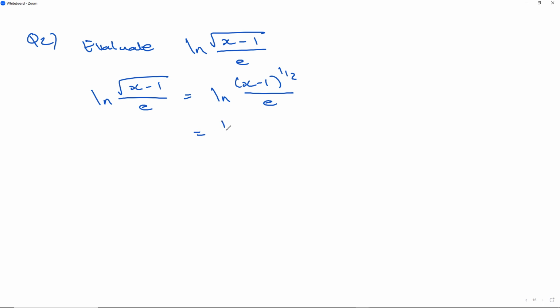And so that will equal a half ln, well, I have to distribute it, right? So I'll distribute it using the quotient rule. Half ln x minus 1, subtract ln e.